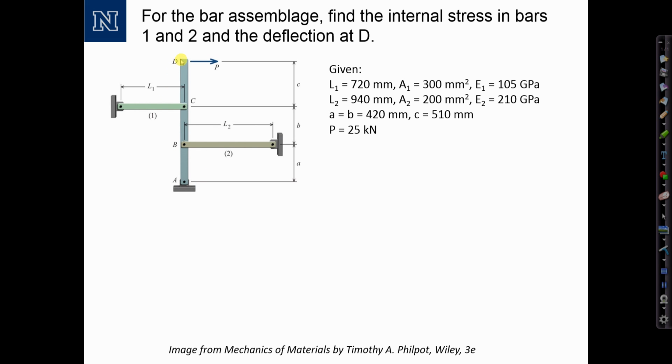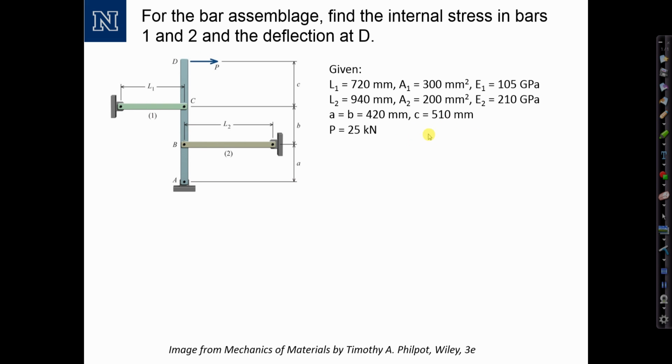We have the rigid member in the vertical direction with a load P equal to 25 kilonewtons applied at the top, rotating about a hinge at the bottom at point A, and then it's connected to two intermediate axial members, member 1 with a length, cross-sectional area, and elastic modulus as given, and member 2 with a length, area, and elastic modulus as given. We're also given the relative lengths between the members and the top of the rigid beam.